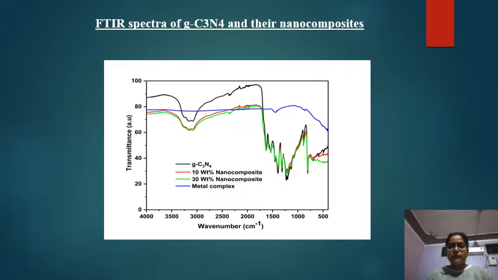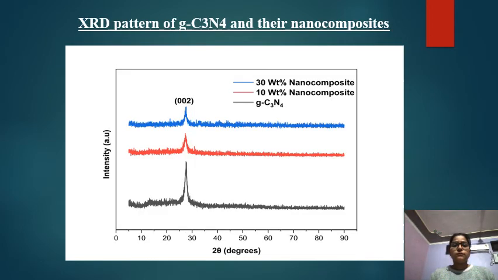Characterizations. The FTIR spectra of graphitic carbon nitride and their nanocomposites are shown in this slide. The XRD pattern of graphitic carbon nitride and their nanocomposites is shown in this slide.